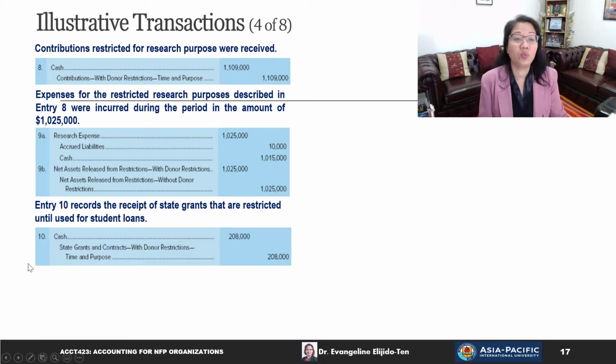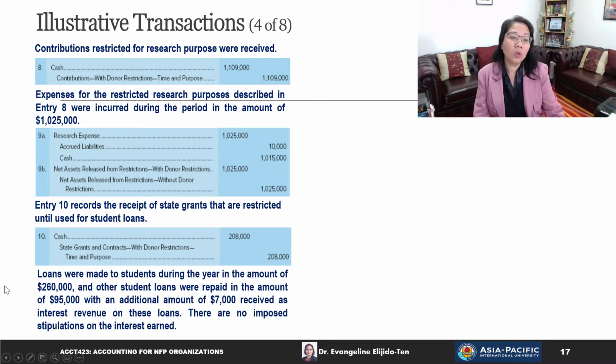Our debit would be to cash, and as given here is 208,000, and our credit would be to state grants and contracts with donor restrictions, time and purpose, 208,000. Now, loans were made to students during the year in the amount of 260,000, and other student loans were repaid in the amount of 95,000, with an additional amount of 7,000 received as interest revenue on these loans.